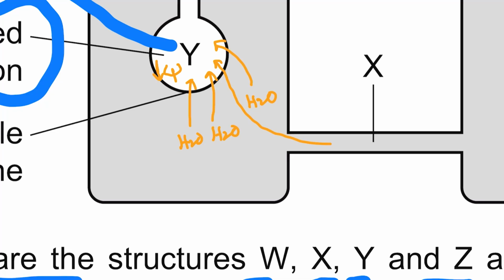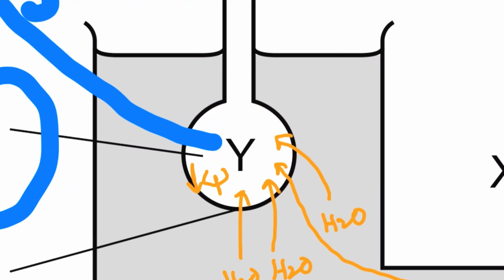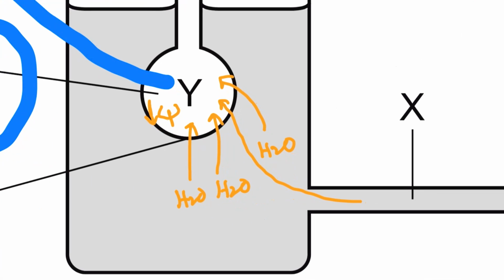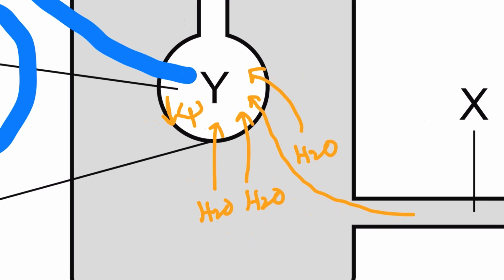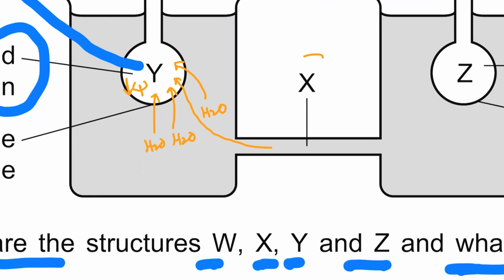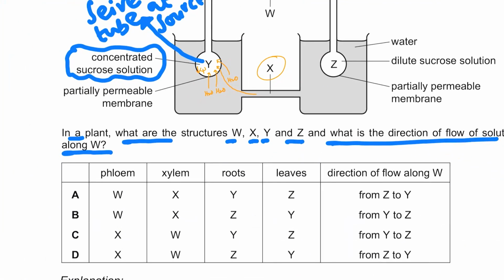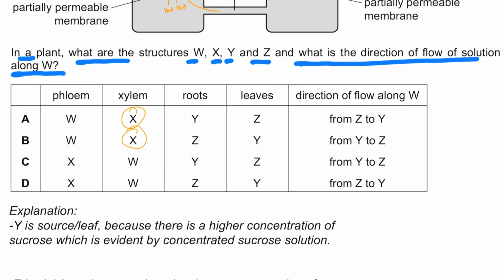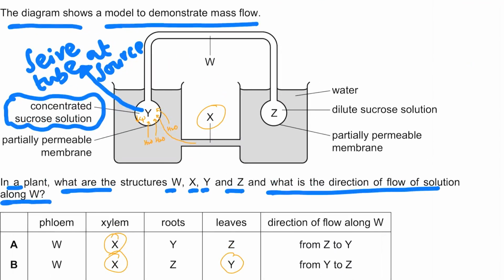Normally, when the sucrose is loaded into the sieve tube at source, the water potential falls and the water from the neighboring xylem vessels comes into Y. So this means that X is xylem. Okay. Then what is Y? Y is a source. And over here, what is an example of source? The leaves.